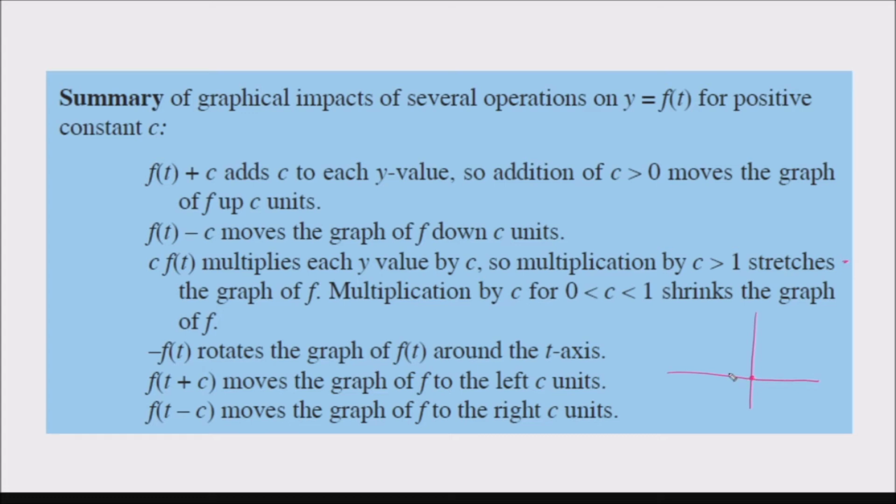But any other value, for example I have -1 here and -2, and on this side 1 and 2, those will be the same, but right now I used to have 2 here, now it will be 2c, somewhere here, and 8c will be somewhere here. So your graph stretches along your y-axis, like this. That's what happens if c is positive.